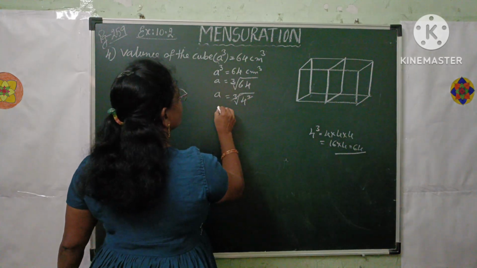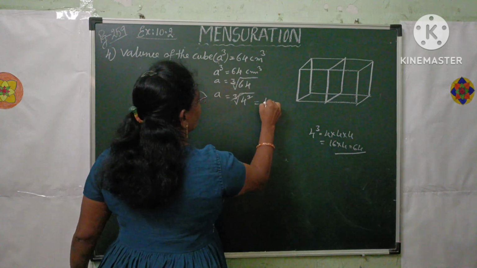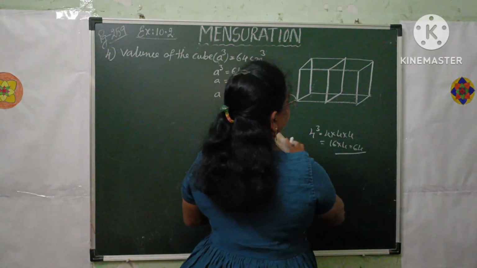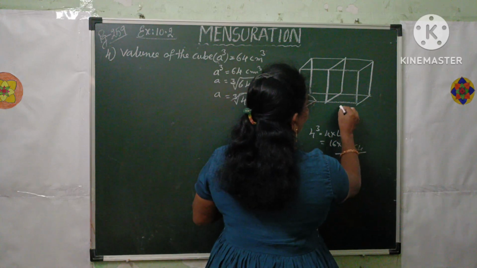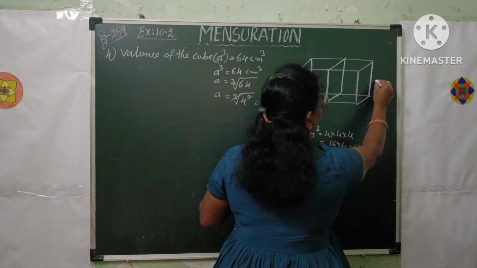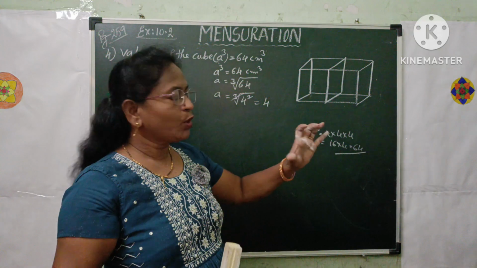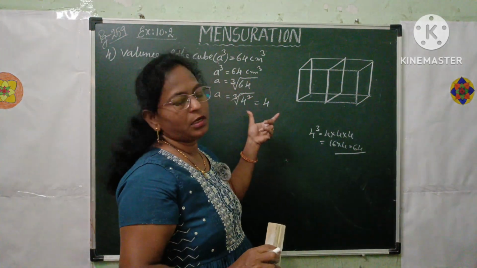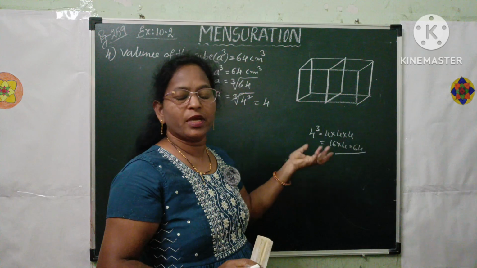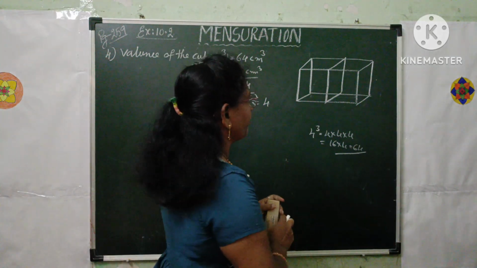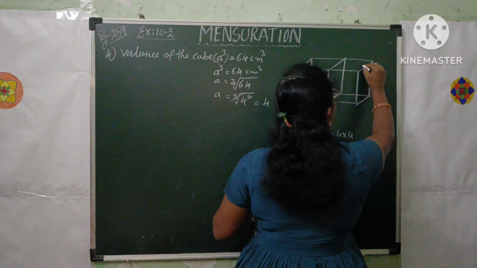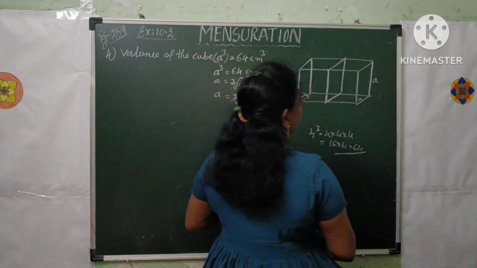Cube root cancels. Then 4. So A equal to 4. Side A equal to 4. In a cube, all sides are equal. One side 4 means the remaining length also same, breadth also same, height also same. Okay. Here A, here also height also A and breadth also A units.